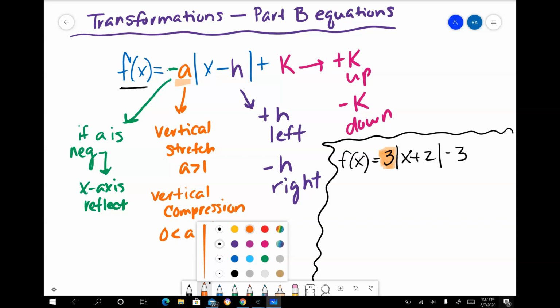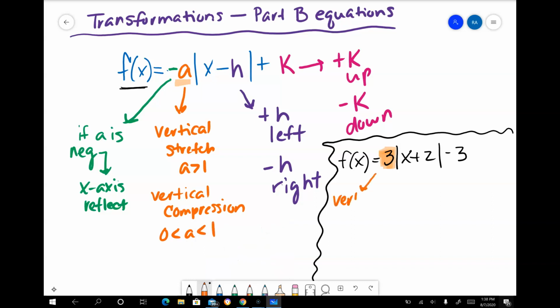Well, that 3 is greater than 1, so we're going to say that is a vertical stretch by 3. Now, it's not negative, so if there's no negative, there is no reflection.